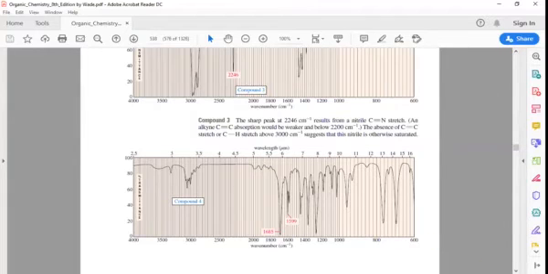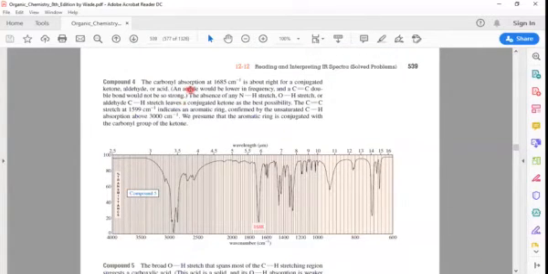The carbonyl absorption at 1685 is about right for a conjugated ketone, aldehyde or acid. It means whenever a carboxylic acid, aldehyde or ketonic carbonyl is in conjugation with a double bond, this is the value. And an amide would be lower. We know that an amide has a little lower absorption, maybe 1640 or something like that.